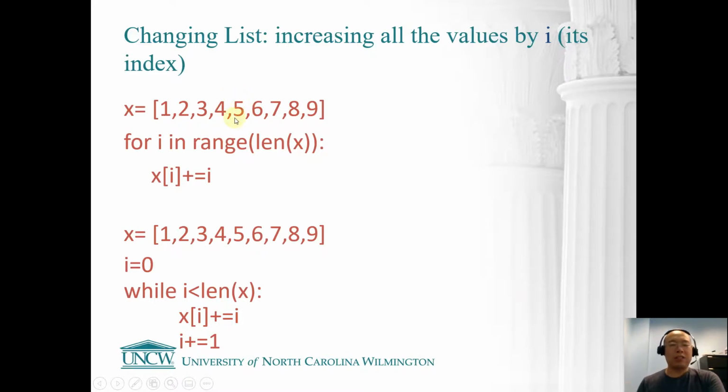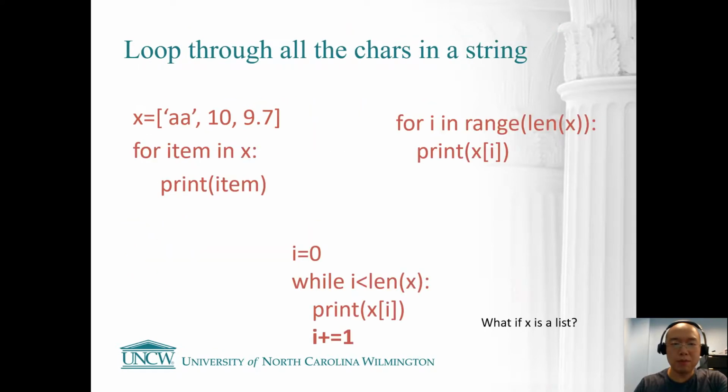My question is, I have shown you I can do that with the second and third versions of the iteration, and can I do that with the first iteration, I mean this version? The answer is no, we can't. Because why? In the first version, we don't have access to the index, right?